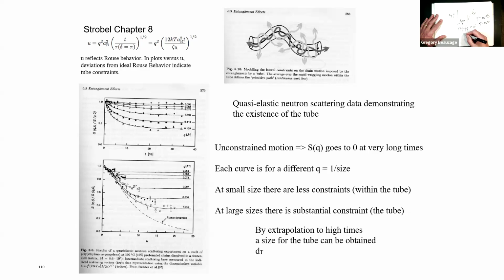So they said that, well, yeah, it's in a tube that's made up of other chains. And the chain within the tube is, they call it relaxing, meaning it's moving through the tube by random motion, by Rouse motion along the tube. At the same time, all the other chains are in their own tubes, and all those tubes are relaxing too. So because you have constraint release, you can predict the 3.4 from that.